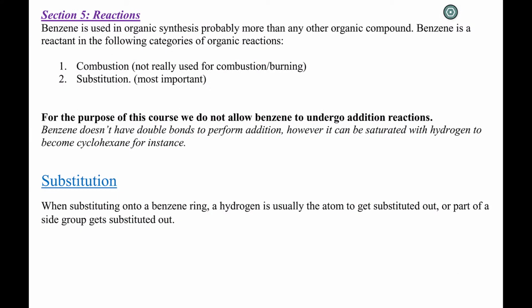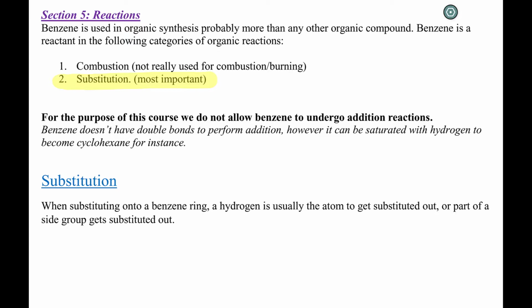Benzene is used in a lot of chemical reactions, but the most commonly used reaction that benzene undergoes is a substitution reaction. Most of the time you're substituting off one of the hydrogens, or a different substituent off of the ring, for something else.